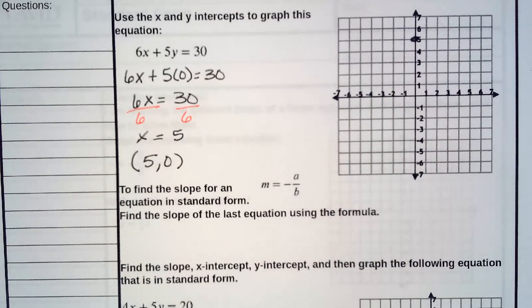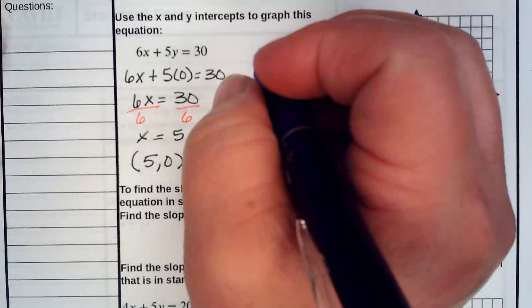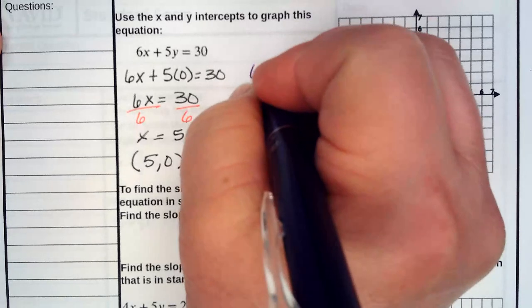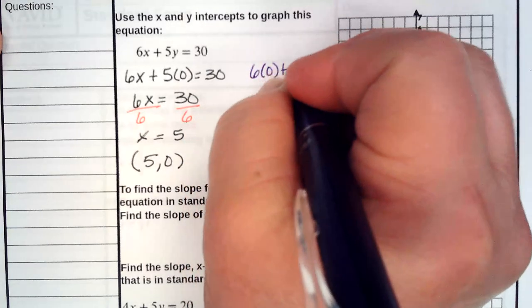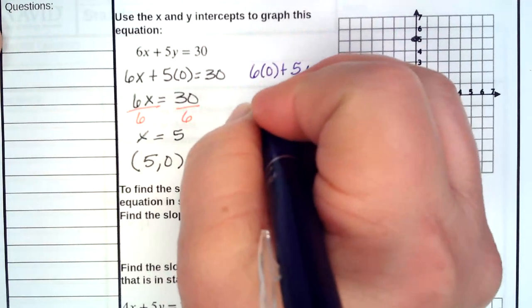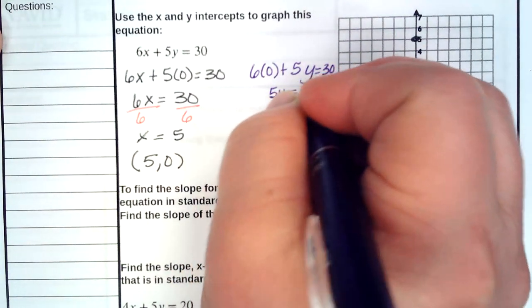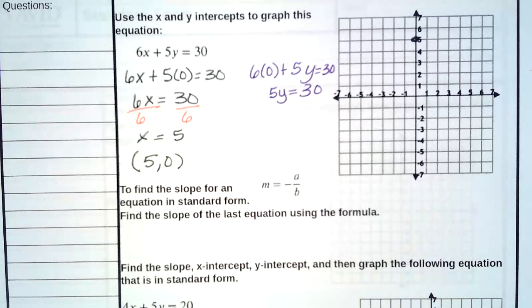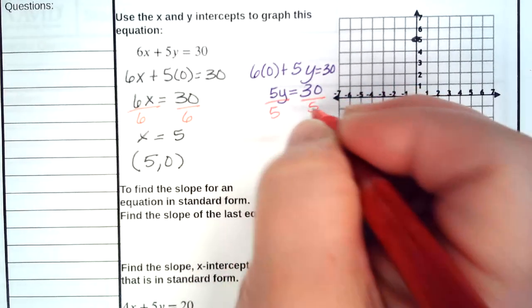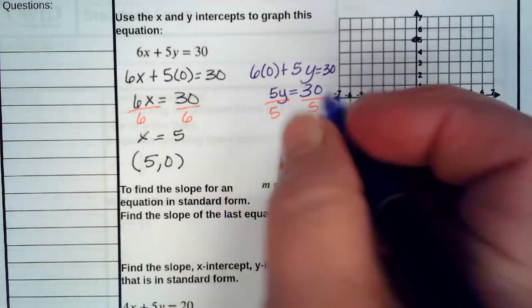Now let's go for the other intercept. This time x is equal to 0. 6 times 0 plus 5y is 30. 5y equals 30. Divide both sides by 5. And y is equal to 6.